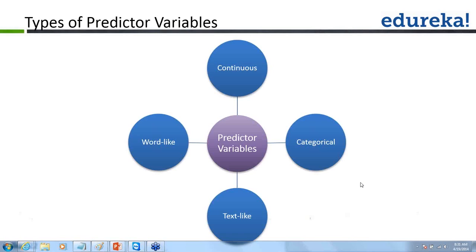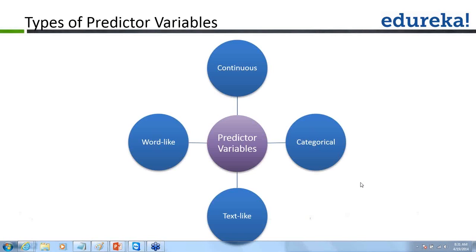Text-like is an advanced form of word-like, a combination of word-like features, like your email addresses and URLs in the data. Those fall under text-like predictor variables.